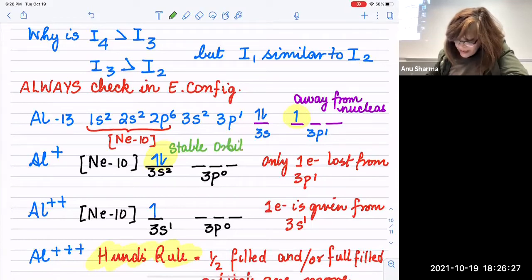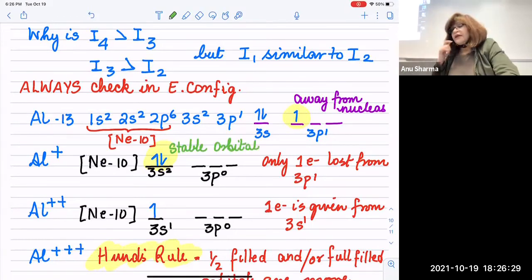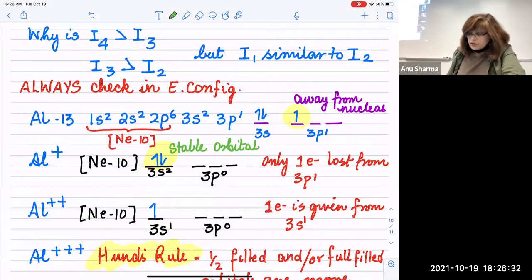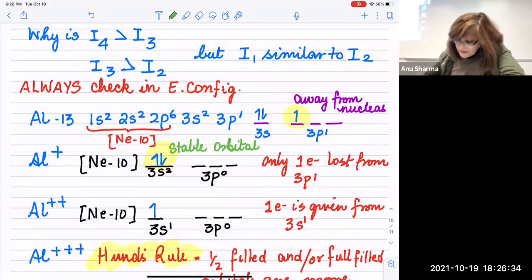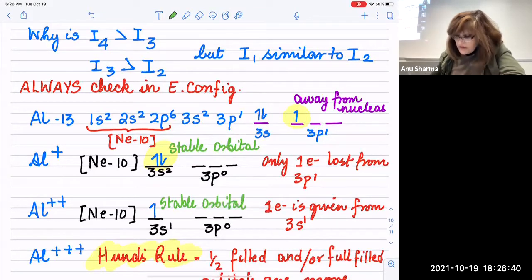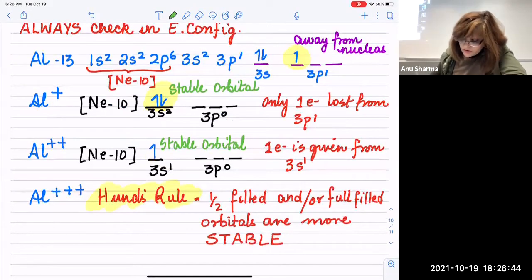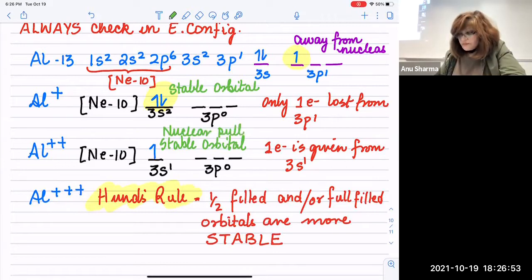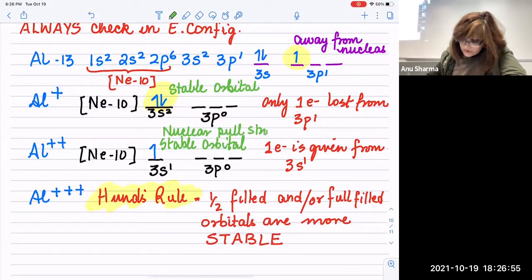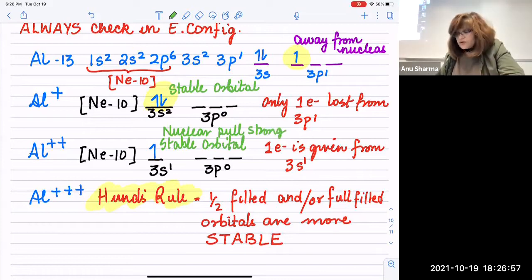So in order to break that pairing, that bonding, we needed to give that one more energy to remove that. This also is by any means stable. So this is also a stable orbital. But at the same time, it is also connected more to the nucleus. The nuclear pull is also there. So nuclear pull is stronger. Here, nuclear pull is strong, so it's not letting that one electron go.